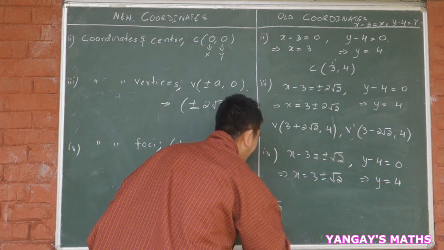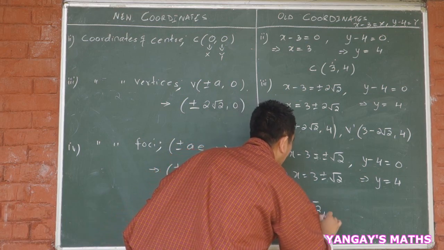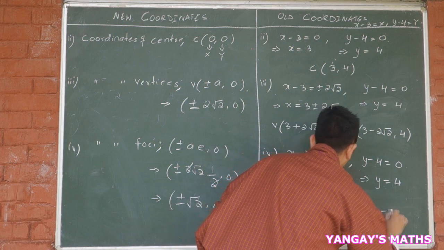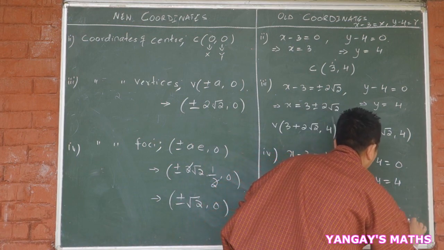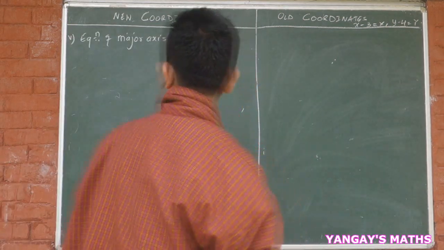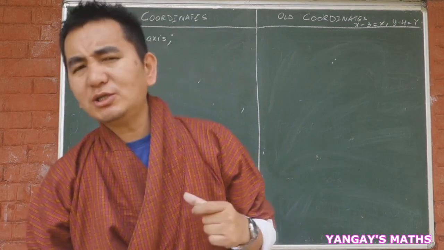So what's the focus point? As we take one positive value, 3 plus root 2, 4, and another focus point is 3 minus root 2, 4. So let's go with now number 5, the equation of major axis. It is a horizontal ellipse.